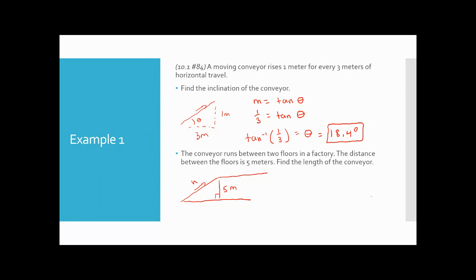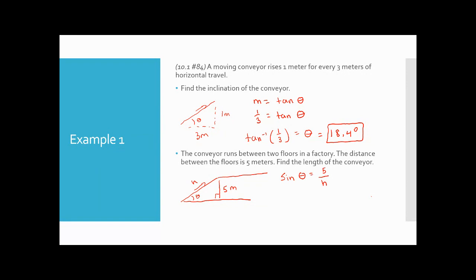Now we know what theta is. It's 18.4 degrees. So now we're going to use a trig function. We have the opposite side over the hypotenuse, so that's sine. So the sine of theta is opposite, which is 5, over the hypotenuse, which is h.